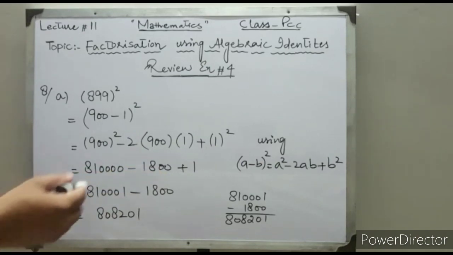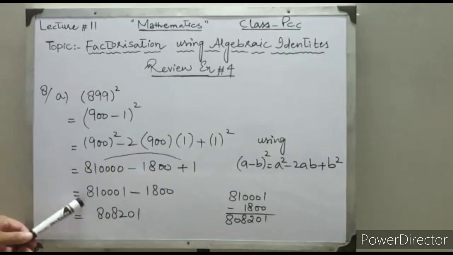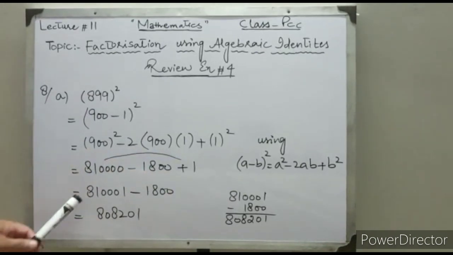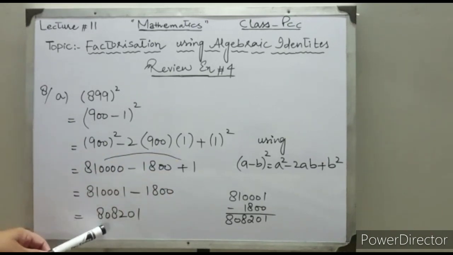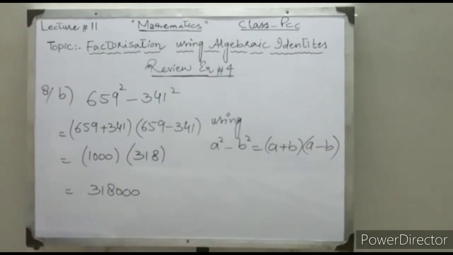Just add these two values, we will get 810001 minus 1800. Just subtract 1800 from this. We will get the final answer, which is 808201.